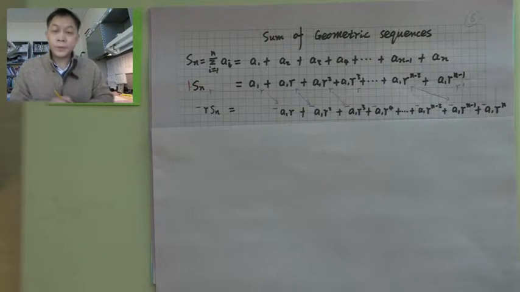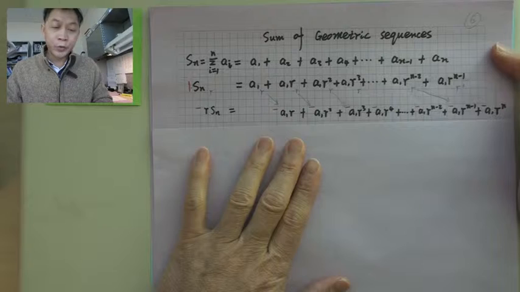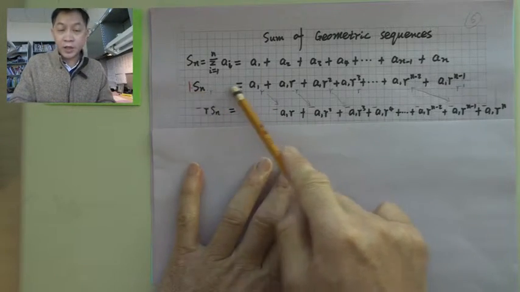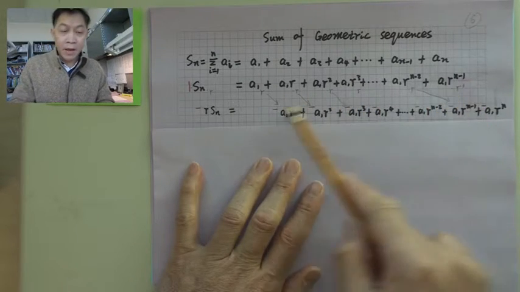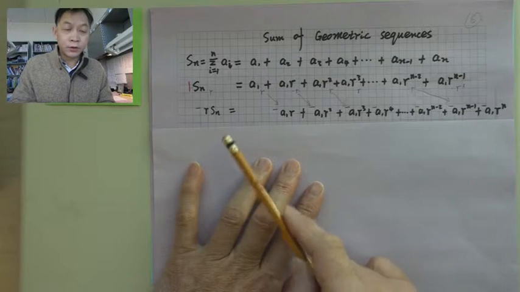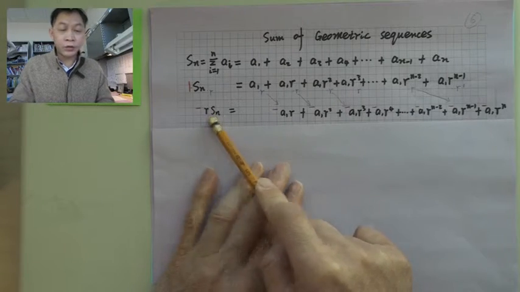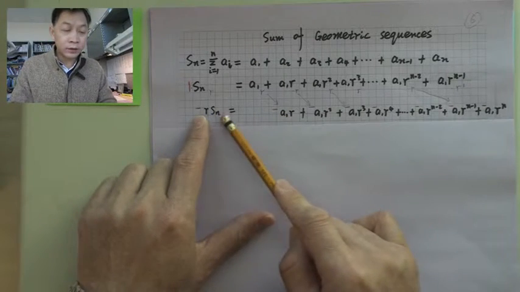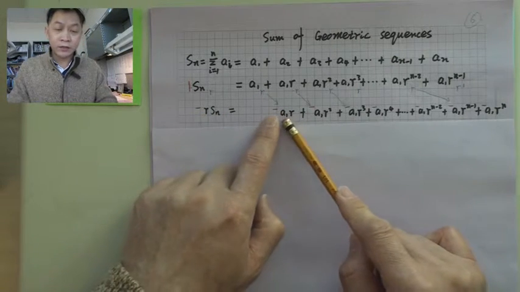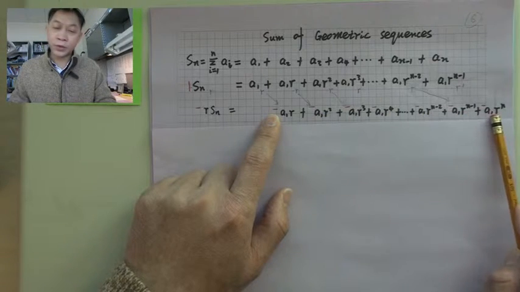Now, up to this far, I want to use this upstairs one minus the downstairs one. If you use subtraction, so it was r S sub n, now you put a negative in front of it, because you do a subtraction.